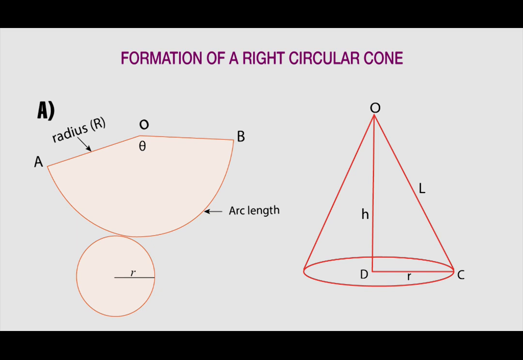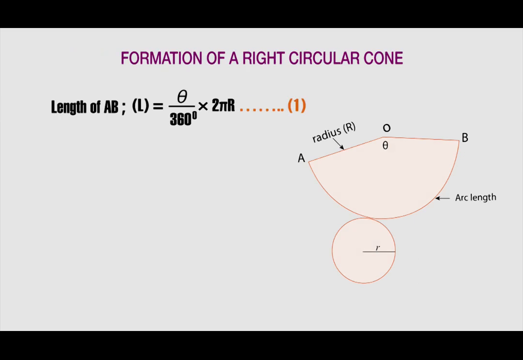Now, let's look at the surface area of a cone. From diagram A, the arc length of the sector AOB is given by theta over 360 times 2 pi big R. We know this from our SHS 2 core maths.